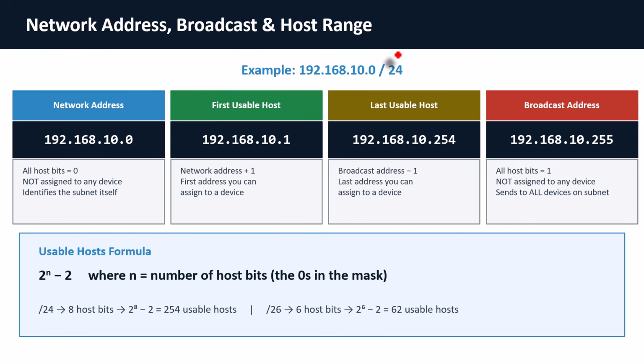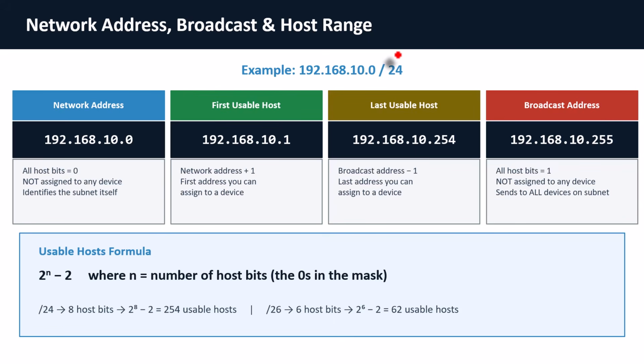The network address, basically, is that address that identifies the subnet itself. Let me say it again. The network address is that address that identifies the network itself, like you hear the word network address. And because it is used to identify the network, it is never assigned to any device on the network. You should always remember it.